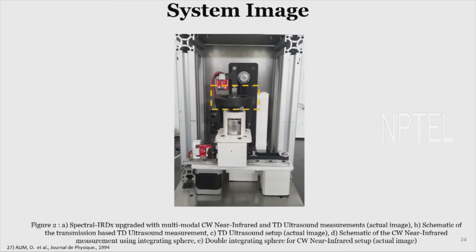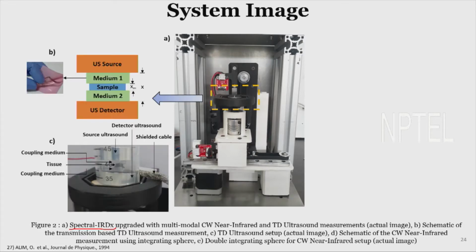This system is a spectral IRDX system, and earlier we incorporated only the near infrared spectroscopy technique, a transmittance based near infrared spectroscopy, but we updated this system with a multimodal technique, so that it now has the capability to quantify both ultrasound as well as near infrared spectroscopy. Let us go into these topics one by one. The first topic is the ultrasound.